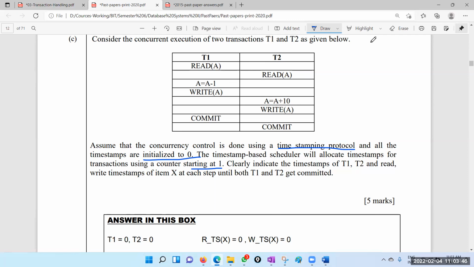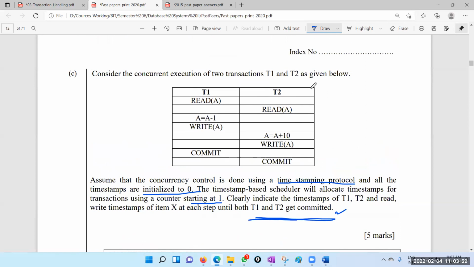No, just one resource. Clearly indicate the timestamps of T1, T2 and the read and write timestamps of X at each step until both T1 and T2 get committed. So let's do it, because this is the first time we are doing it. I hope the question is now understood. When it comes to timestamp questions, they don't give you very complicated transactions, because students get easily confused as so many concepts are involved.